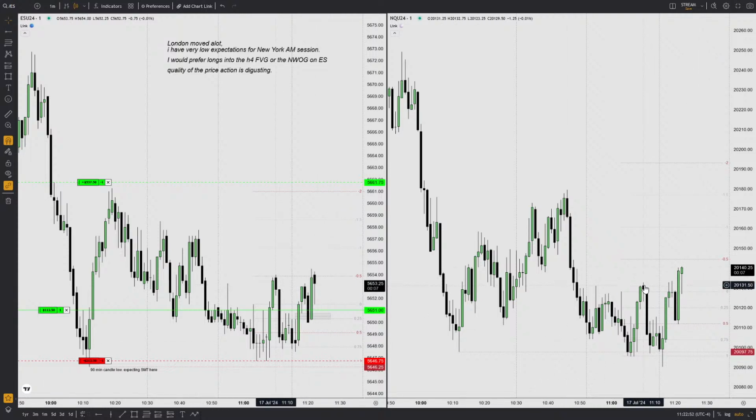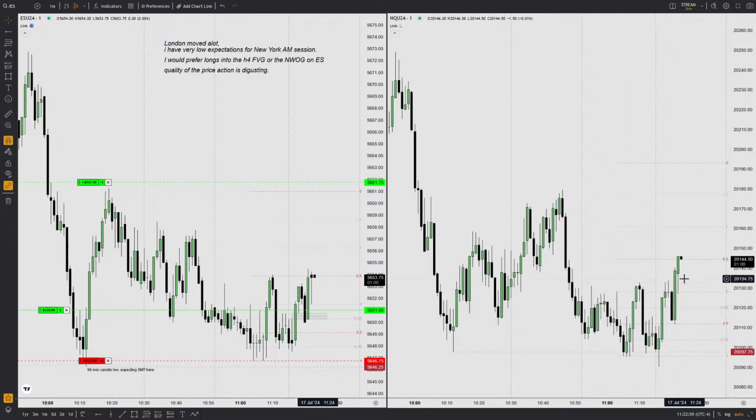For NQ, it's pretty much the same, but NQ is showing slightly more strength than ES. It's breaking away right now, as you can see this candle here. So I would like to see ES do the same because it has higher lows. So it should be more violent in terms of expansions as compared to NQ right here. So far we have not closed above this candle's high yet.